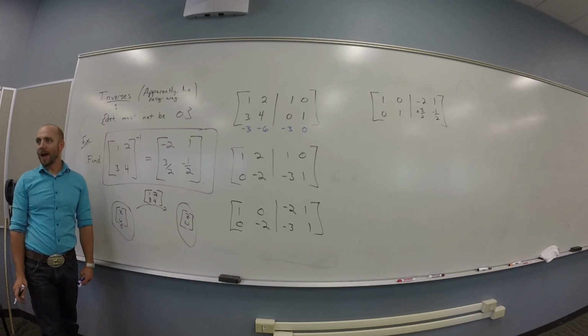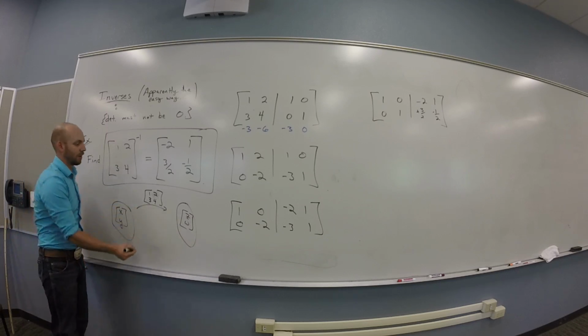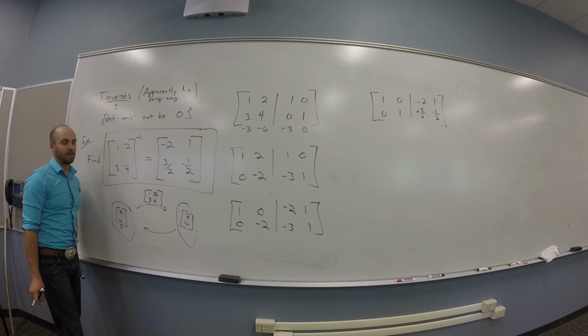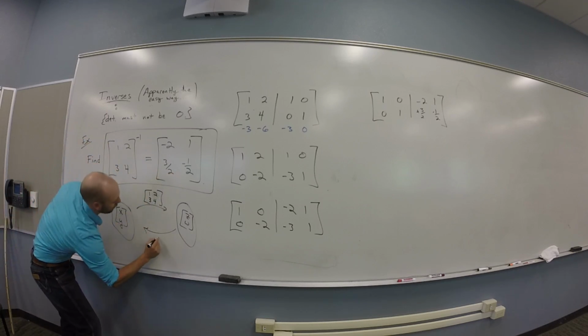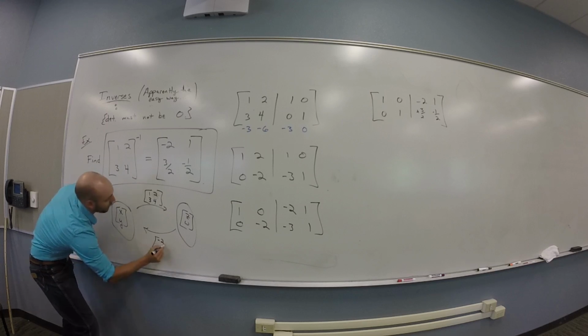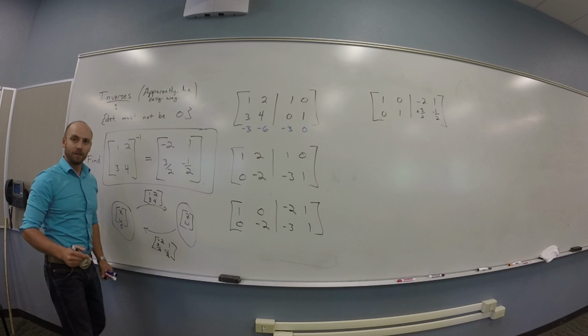And then if I want to get back from a z, w vector, I can apply this function. So that -2, 1, 3/2, -1/2, that's the way you back out.